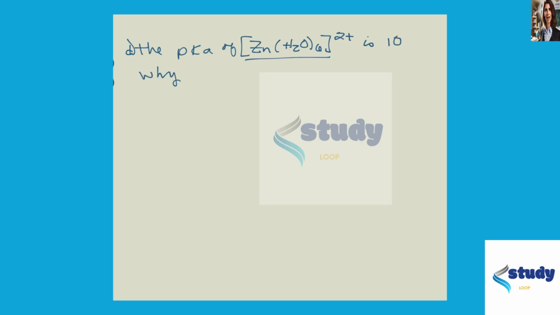So we're given that the pKa of the ion whose formula I've written there is 10.